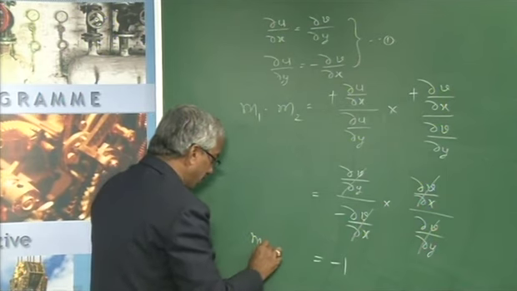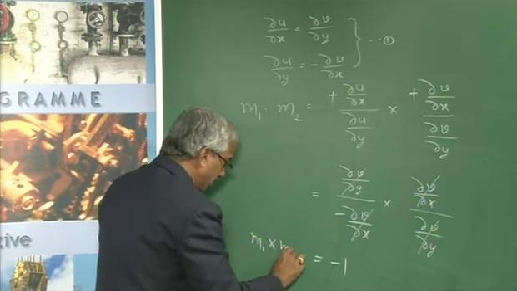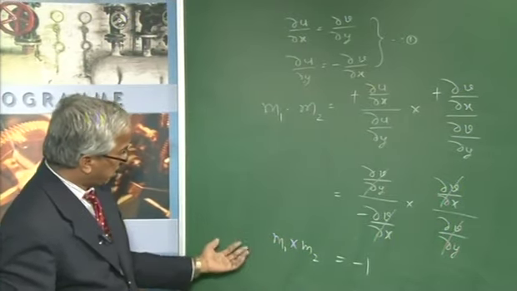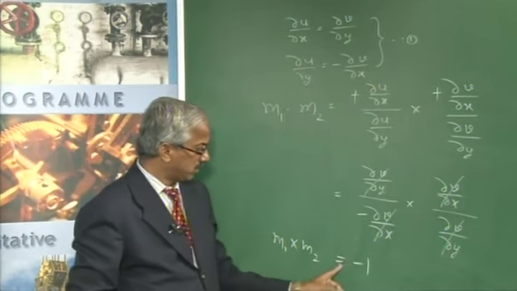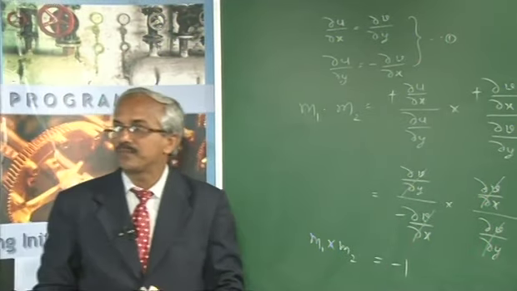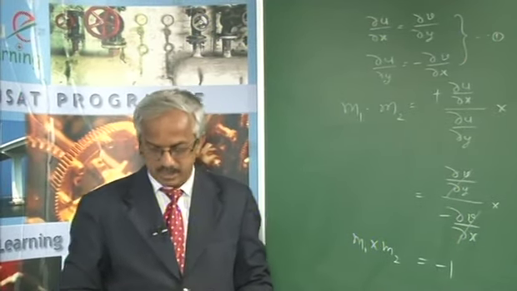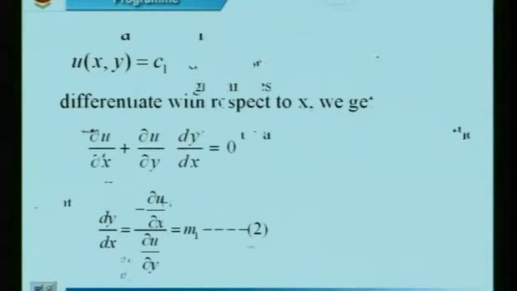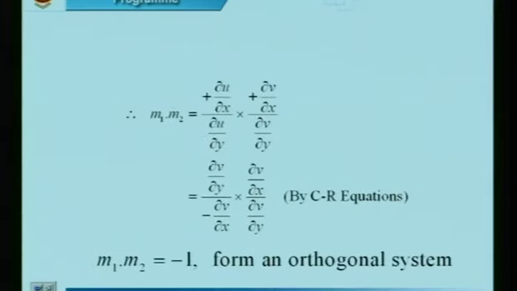Then m1 and m2, the product of the slopes of the two curves, gives minus 1, which means this forms an orthogonal system. That is the simple proof. You can see that m1 into m2 is equal to minus 1, forming an orthogonal system.